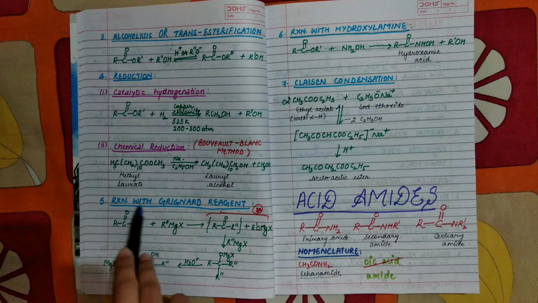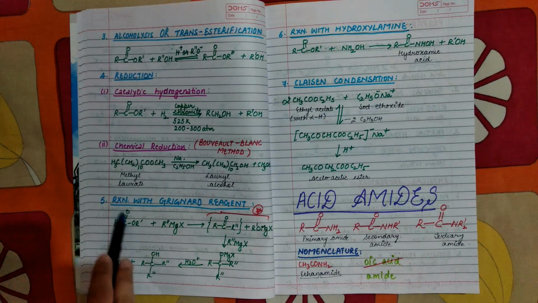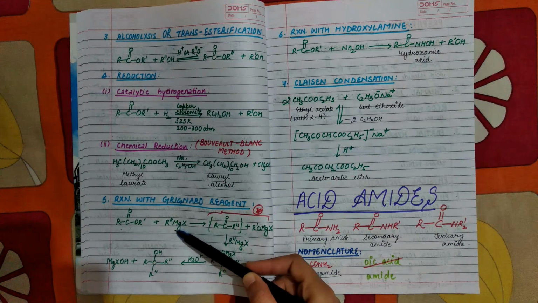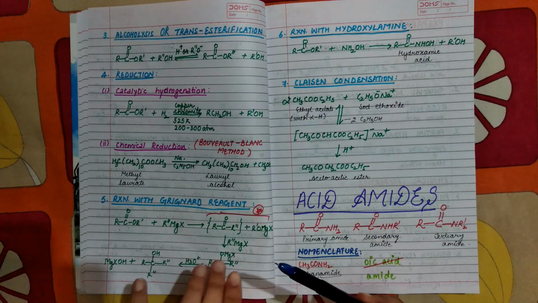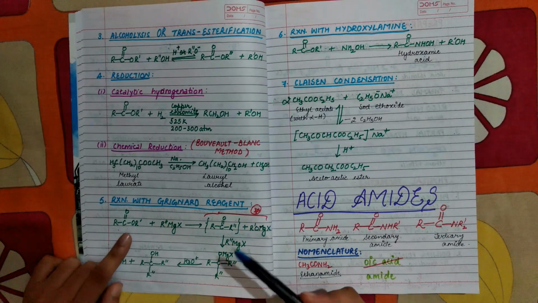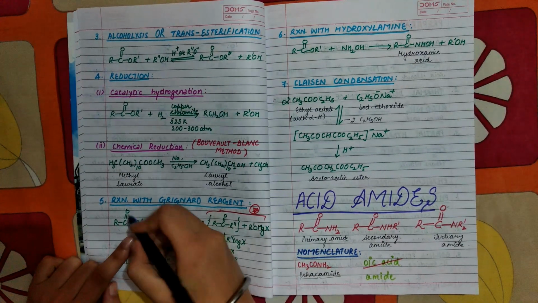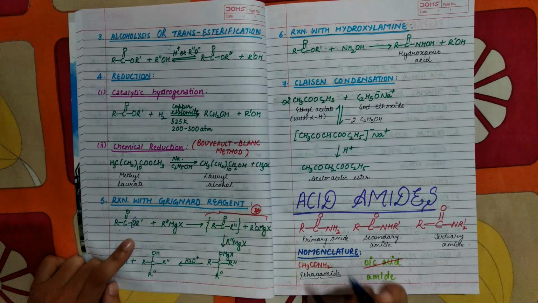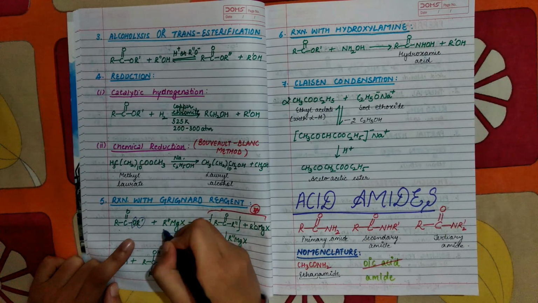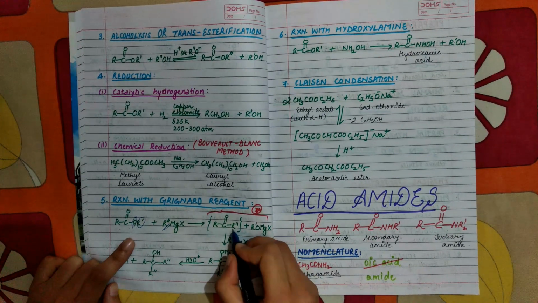Then we have reaction with Grignard reagent. Here this is ester, it reacts with Grignard reagent. Here a step is quite different. Just look at this step. The oxygen of ester is removed and this R dash group is replaced by this R double dash.